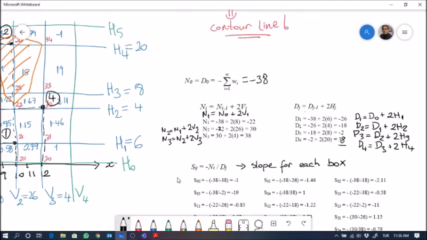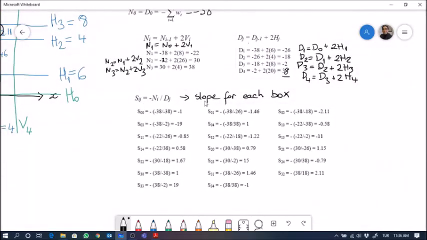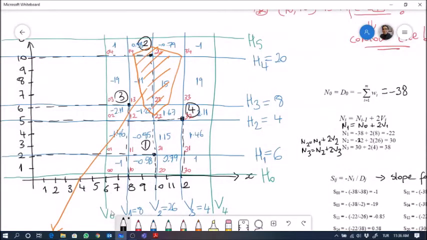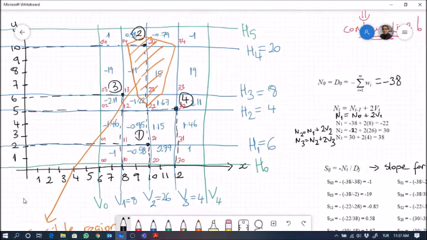And then we need to calculate the slope for each box. What are these boxes? Remember we drew the vertical and horizontal blue lines. Drawing these lines, we have different boxes, as you see. So we need to find out the slopes of the lines that we can draw inside each box.